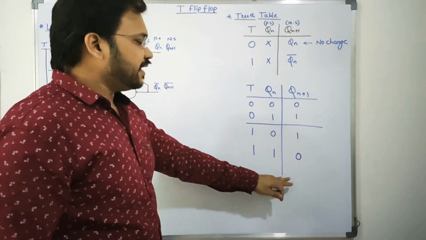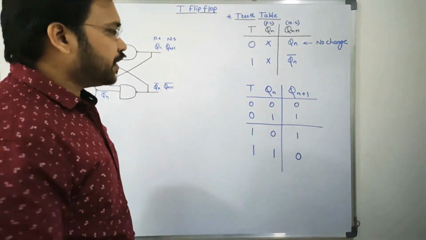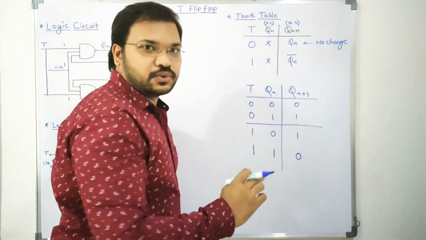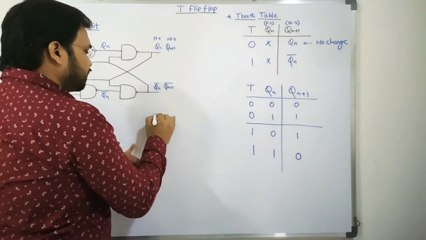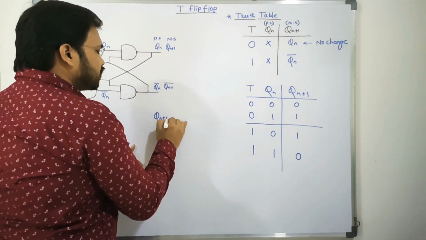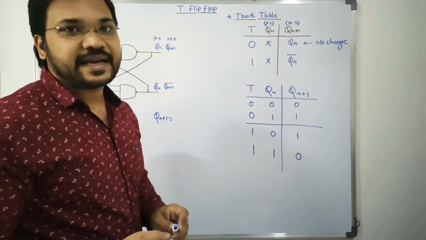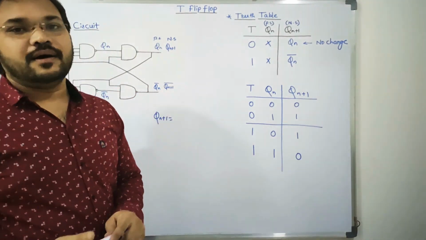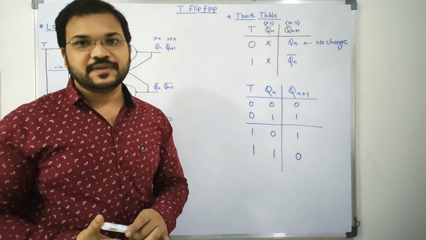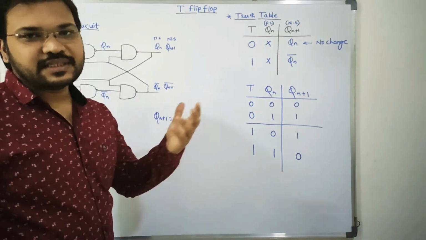If you modify this truth table and you want to find the value of Qn plus 1, we can find it by using a K-map. Sometimes in the GATE examination they ask the equation for Qn plus 1 for the T flip-flop, or for the different types of flip-flop.